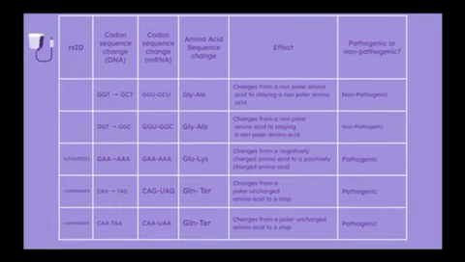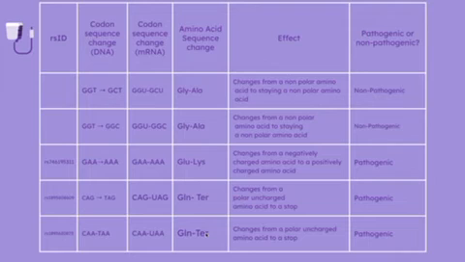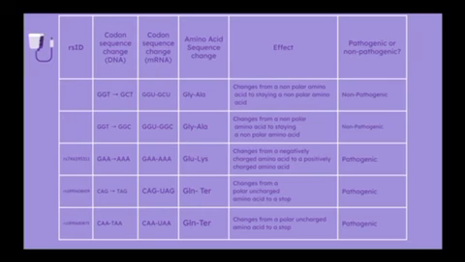So this is a table showing some of the sequence changes that can happen in someone that has Bloom syndrome or is carrying the mutated gene. And as you can see, the top 2 changes are non-pathogenic, and non-pathogenic changes are not necessarily disease-causing, and the bottom 3 are pathogenic, and pathogenic changes are.